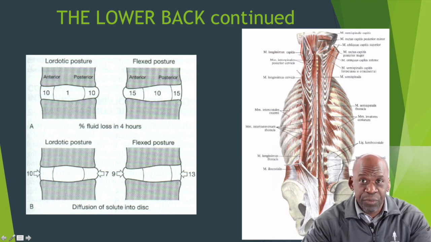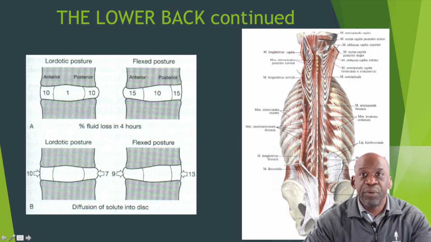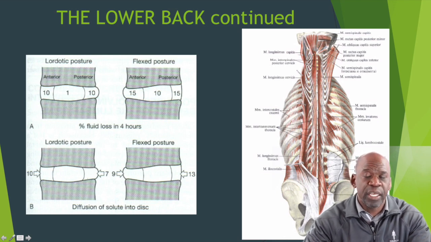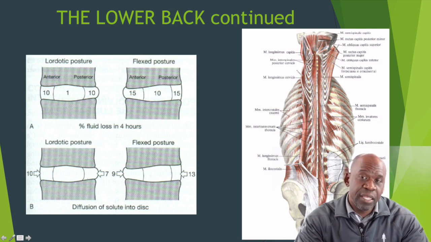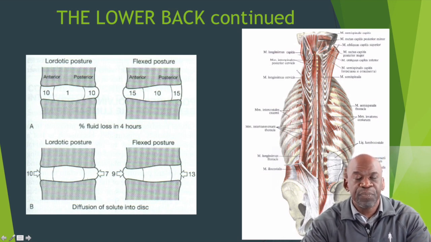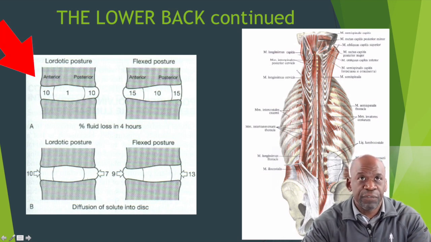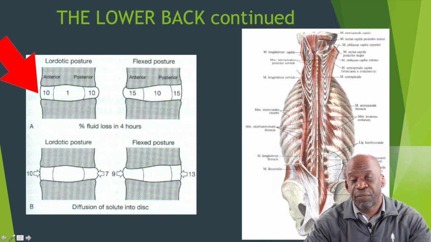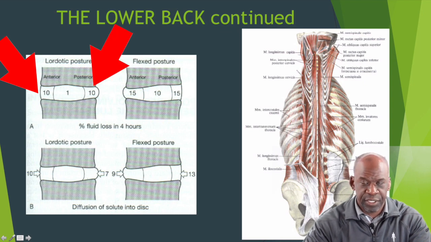So ideally, we want to maintain the fluid content of the intervertebral disc as high as possible for as long as possible. And we can see that in the lordotic posture, the amount of fluid loss of the intervertebral disc is relatively symmetrical in both the front and the back of the disc.